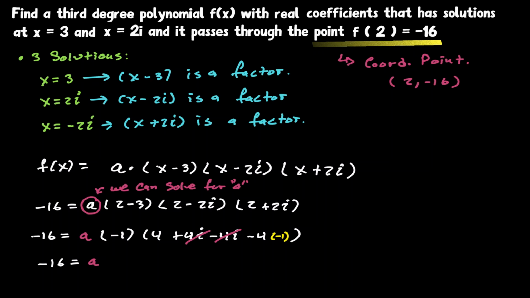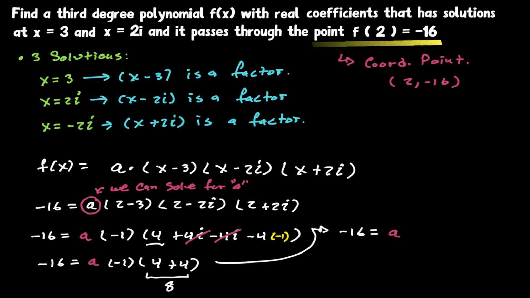We got that a, and now we have negative 1 times 4, and negative times a negative is positive. So that becomes 4 plus 4. And now we're getting closer, because now we can say negative 16 equals a times 8 times negative 1, that is negative 8.